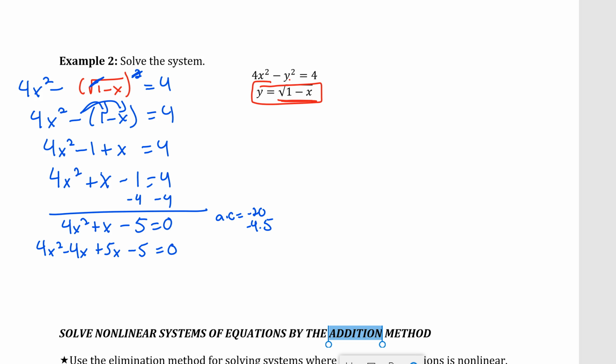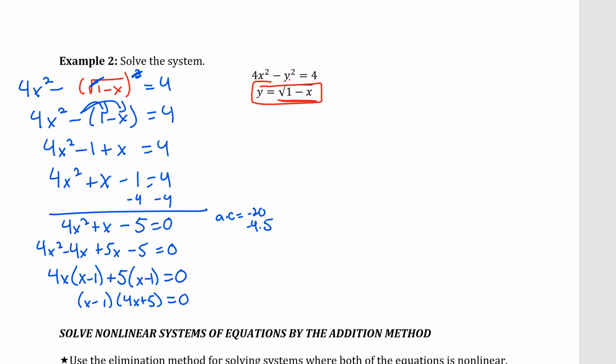Take out my greatest common factor here, which is a 4x, leaving me with an x minus 1. Take out my greatest common factor here, which is a 5, leaving me with an x minus 1. So I have an x minus 1 times a 4x plus 5 equals 0.